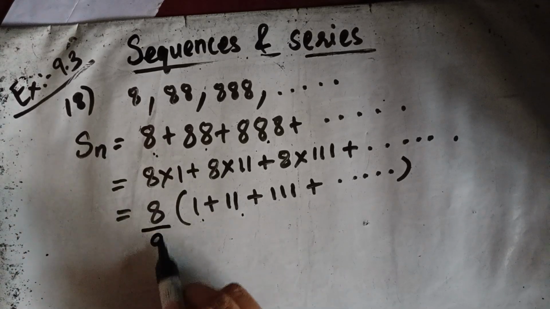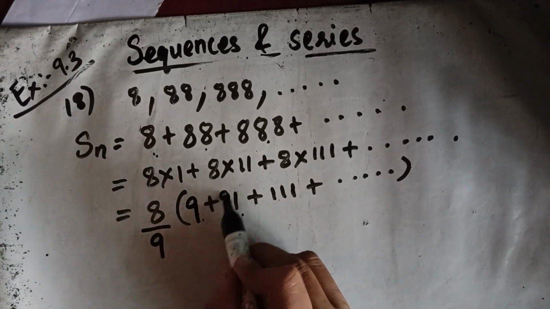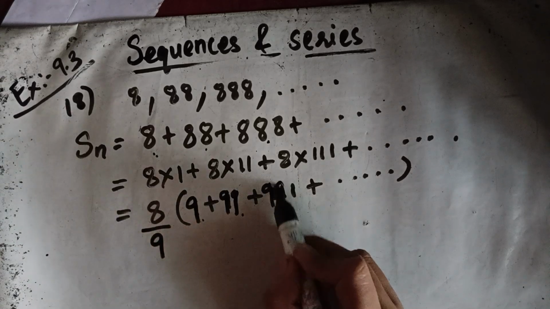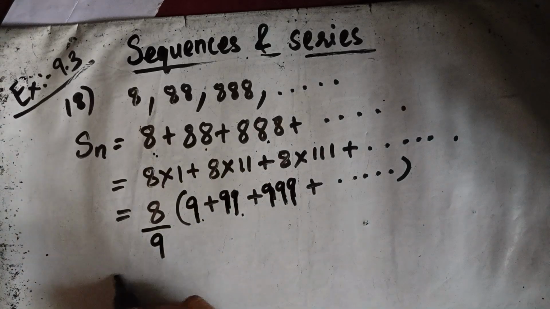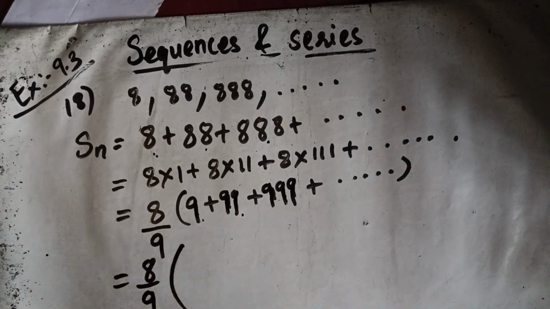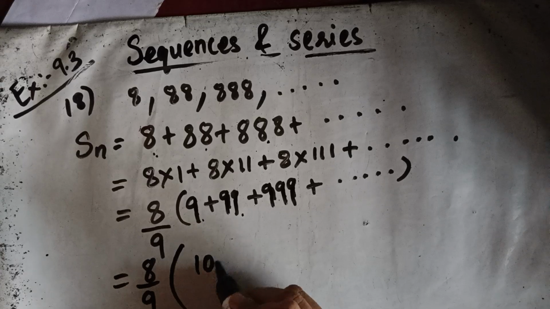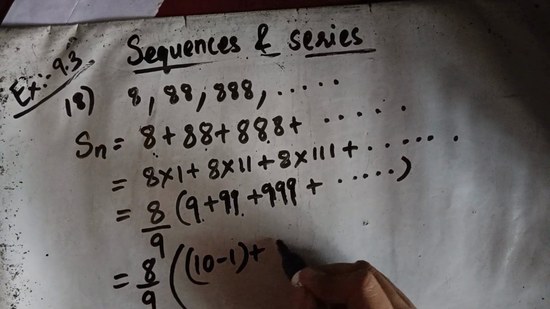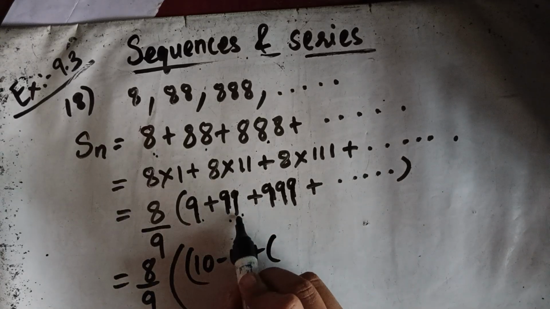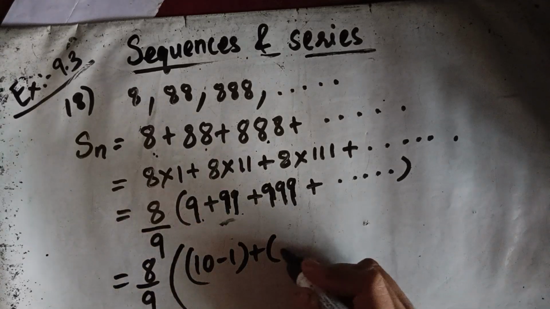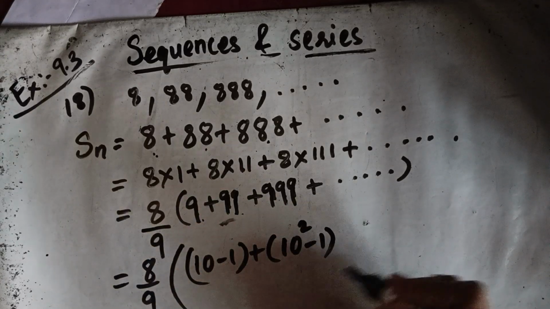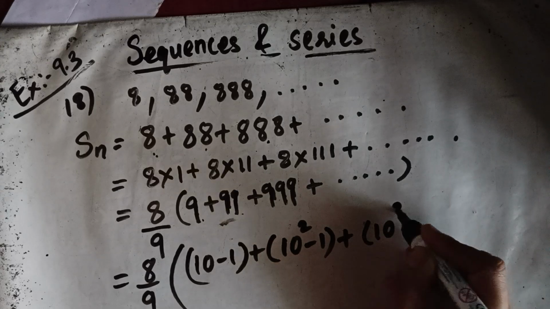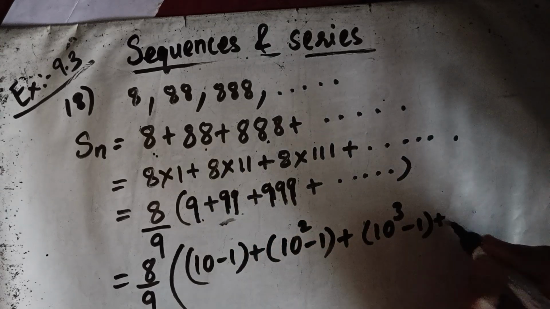So we can write 9 as 10 minus 1, 99 as 100 minus 1. So 100 can be written as 10 raised to 2 minus 1, then 10 raised to 3 minus 1, and so on.